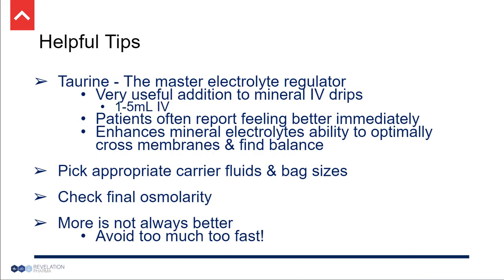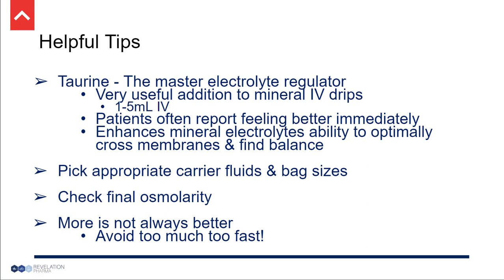And now for just some general useful, helpful tips. So taurine is a great addition to many of these mineral drips, because minerals are also electrolytes. So remember these positive and negative charges. Taurine is the master electrolyte regulator, and very useful addition in many of these drips in the 1 to 5 ml range. Patients often report feeling better immediately with taurine, and you might have noticed it's actually in a lot of energy drinks for this very reason.